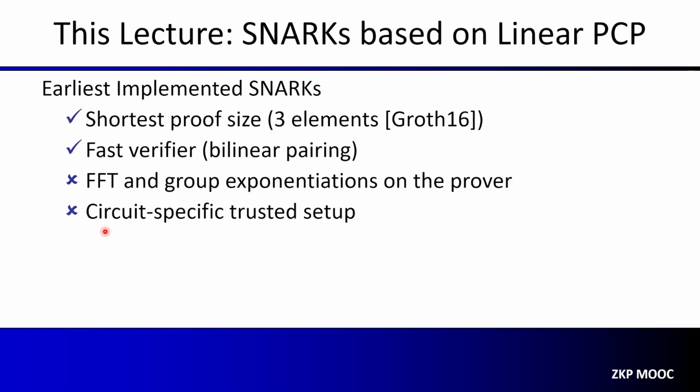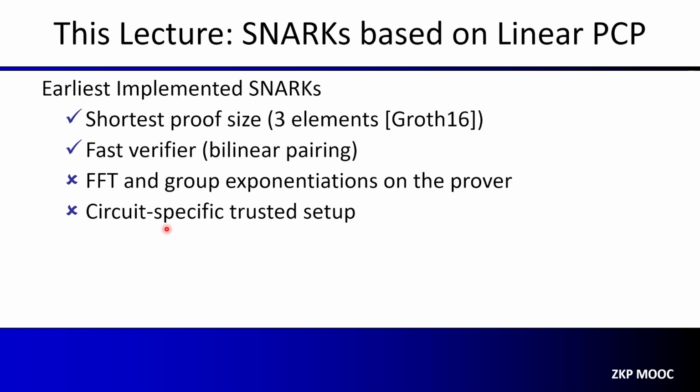Another major drawback of these constructions is that they require a circuit-specific trusted setup. So there has to be a preprocessor to perform a trusted setup with a trapdoor and delete this trapdoor completely after the setup phase. And these schemes have to do this trusted setup for every computation you want to prove.